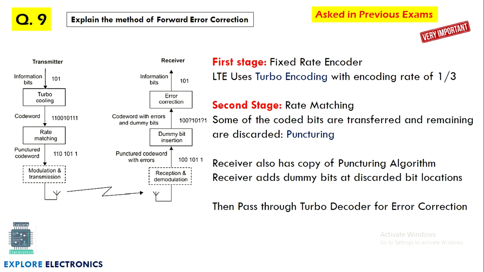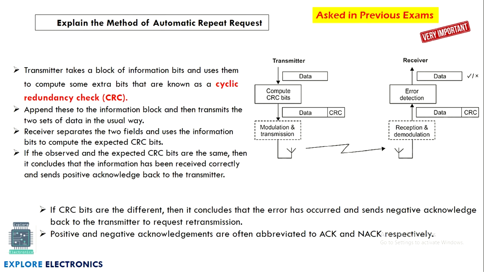We need to explain how the transmitter part encodes and the receiver part decodes to correct the error. If you want, you can take the example which I showed in the video, with a single bit flip and how it is corrected at the end. Then explain the method of automatic repeat request, again with the block diagram, and what CRC is and how the CRC is calculated.